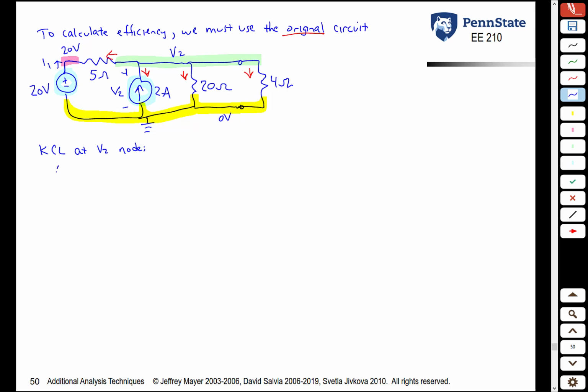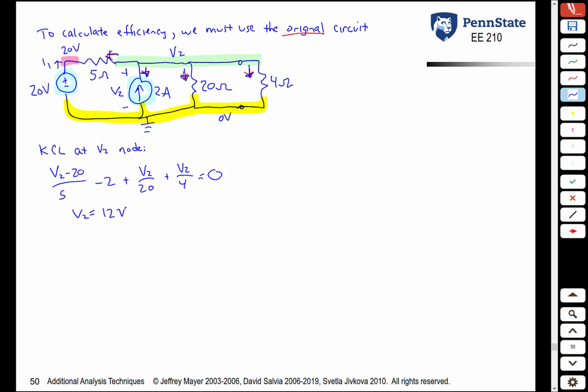Current to the left is V2 minus 20 volts over 5 ohms. The current going down is negative 2 amps. The current going down here is V2 over 20 ohms. And the current going down here is V2 over 4 ohms. The sum of those currents has to equal 0. Solving for V2, you get V2 is equal to 12 volts.